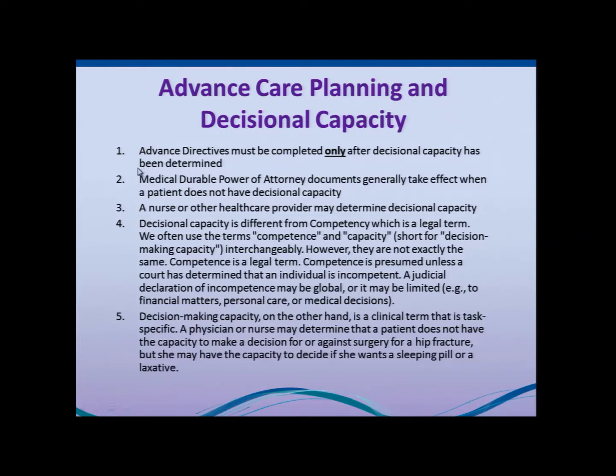And oftentimes when people are sick in the hospital, family members or the medical power of attorney think, well, no, I want her to have that treatment. Maybe the patient is saying, no, I don't want that, and they have the ability to express that. If they have decisional capacity, the medical power of attorney doesn't have a right to override the person's wishes. And so that's an important point to make about decisional capacity.